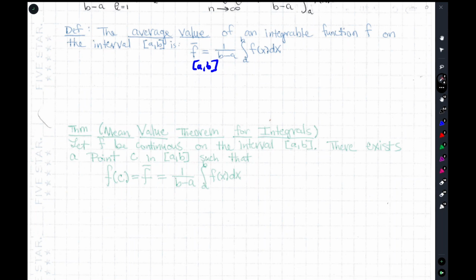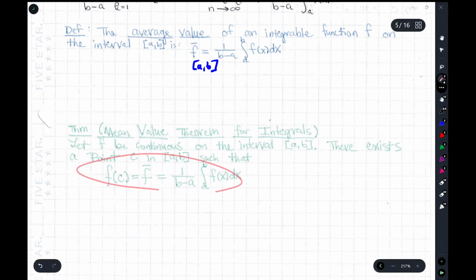It was basically telling you that if you took a secant line over an interval for a function, you could find a point on the interval where the derivative is equal to the slope of the secant line.